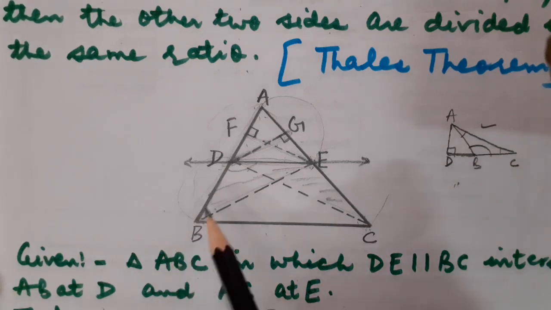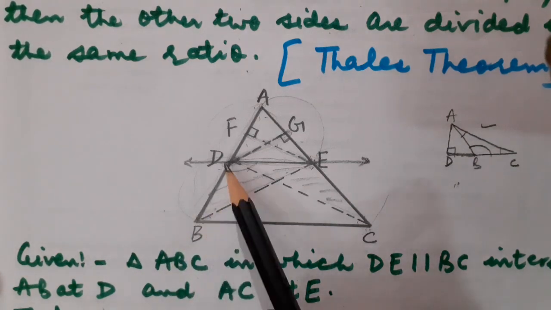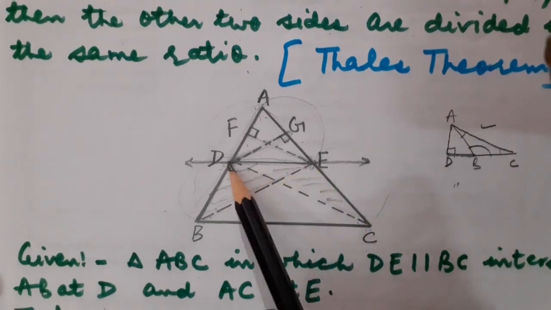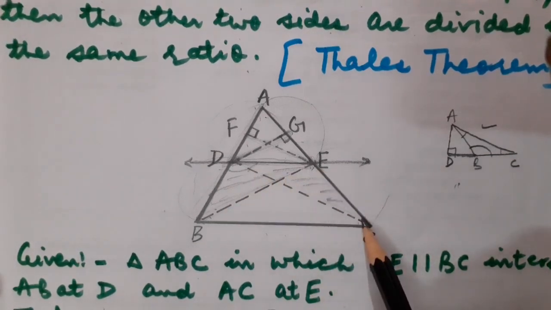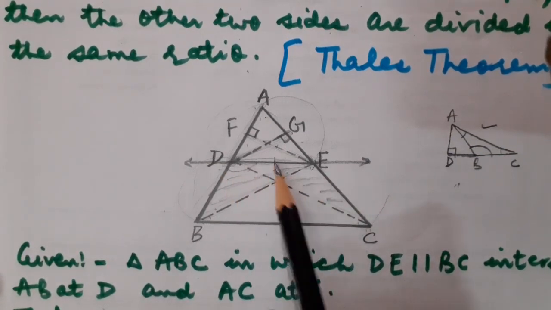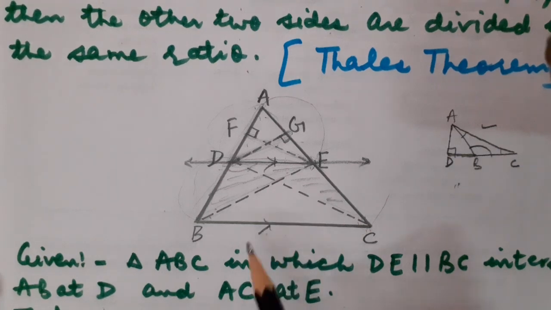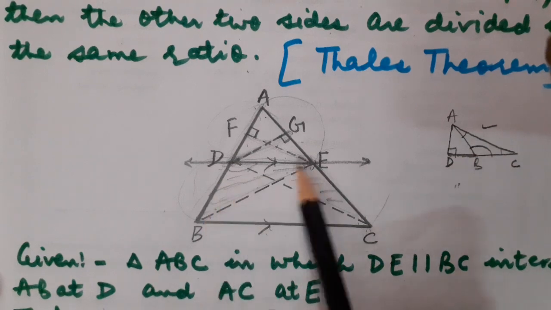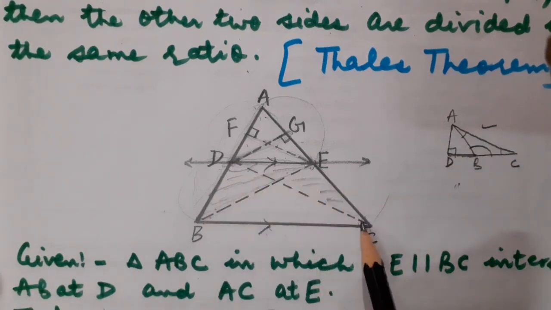Here also you can see BDE, this triangle, and DEC, they are on the same base DE and between the same parallels, because DE is parallel to BC. So we can say that the area of triangle BDE must be equal to DEC.